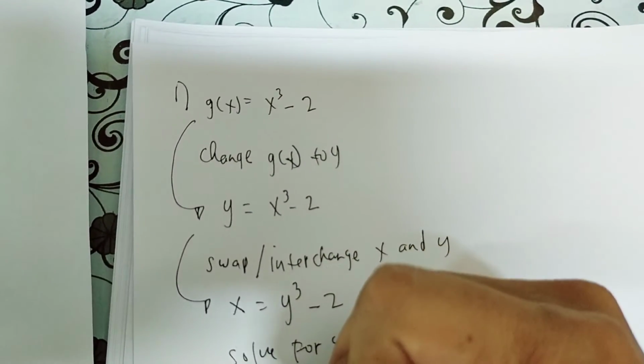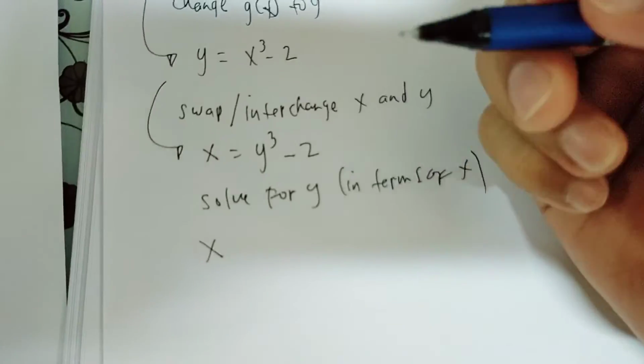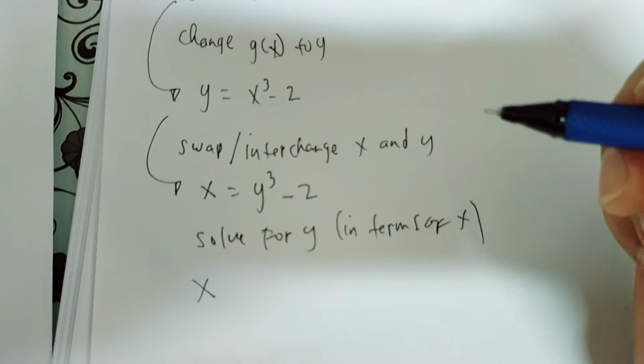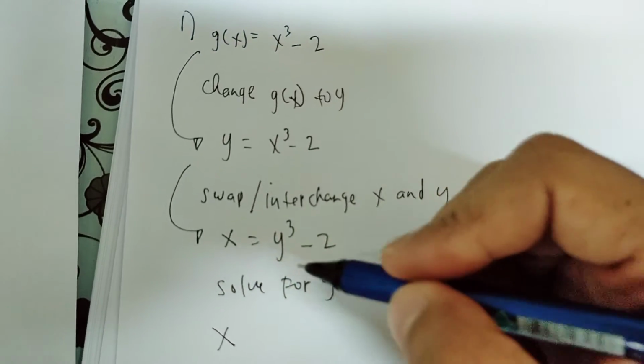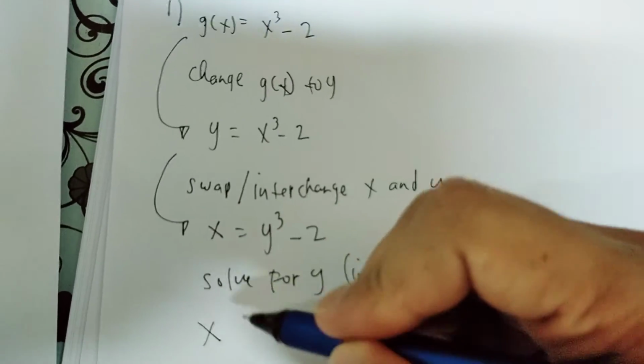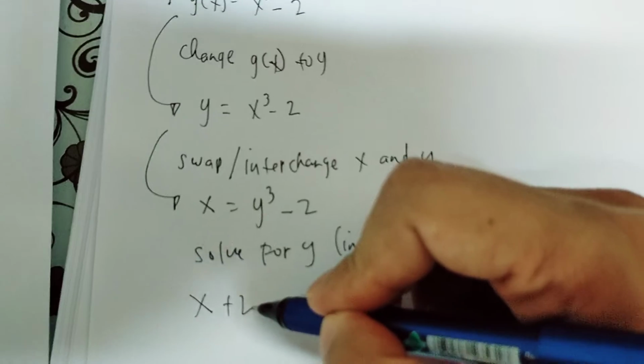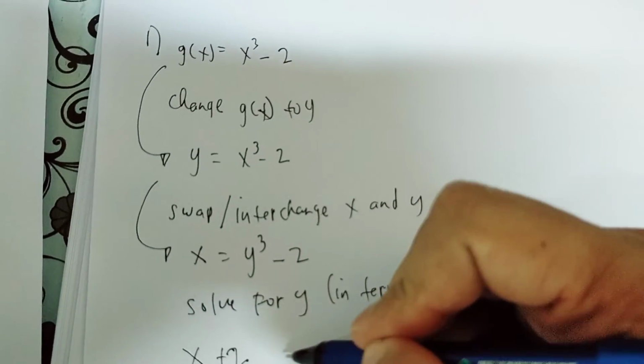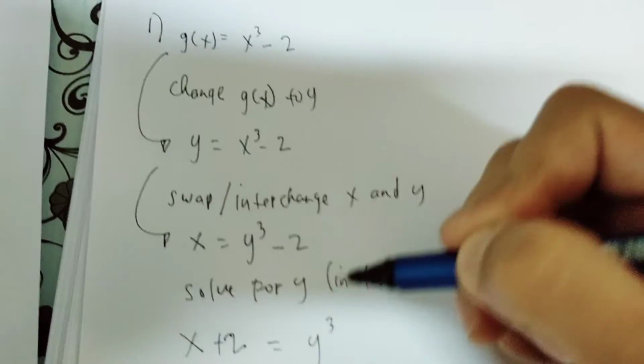So, solve for y. Lahat lang ng may term na y ang nasa left side or nasa right side. So, gawin na lang natin sa right side si y, ano? Itong negative 2 will become positive 2 because it is removed from right to left, x plus 2 is equal to y cubed pa rin. Okay?